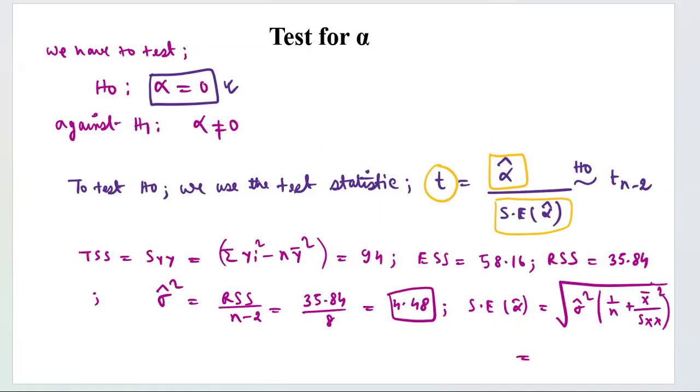And Sxx will come out to be 110. We computed all these things while calculating the test for beta, so please go and watch that video before coming to this video. So what will be the standard error? It will come out to be approximately 1.57. You can compute this yourself. I have already computed it, and it will come out to be 1.57.